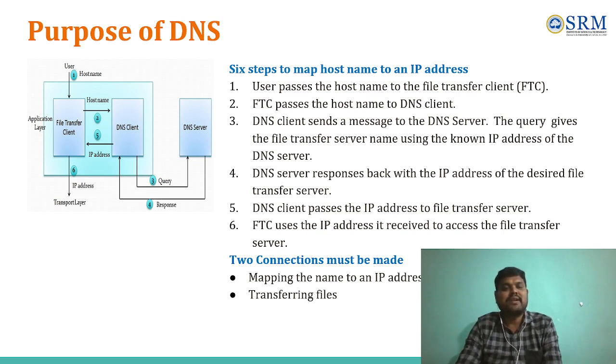Then the DNS client communicates with the DNS server, following the basic client-server architecture. The query gives a file transfer server name using the known IP address. Upon receiving the request, the DNS server responds to the query.